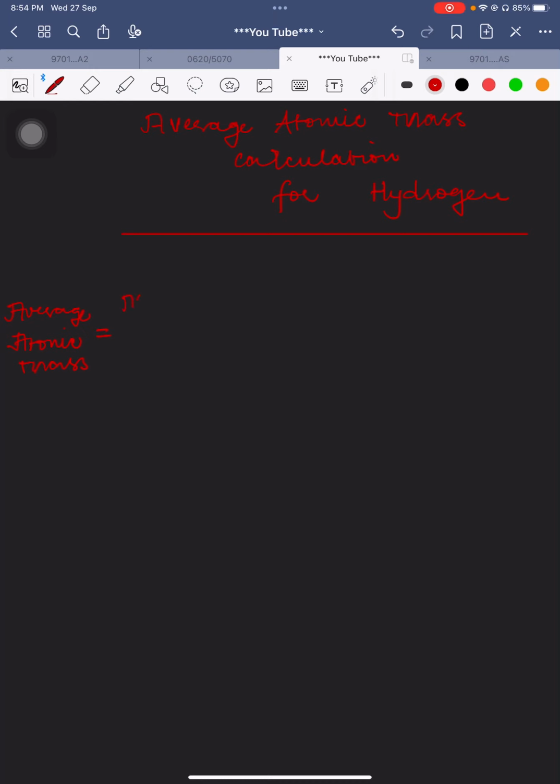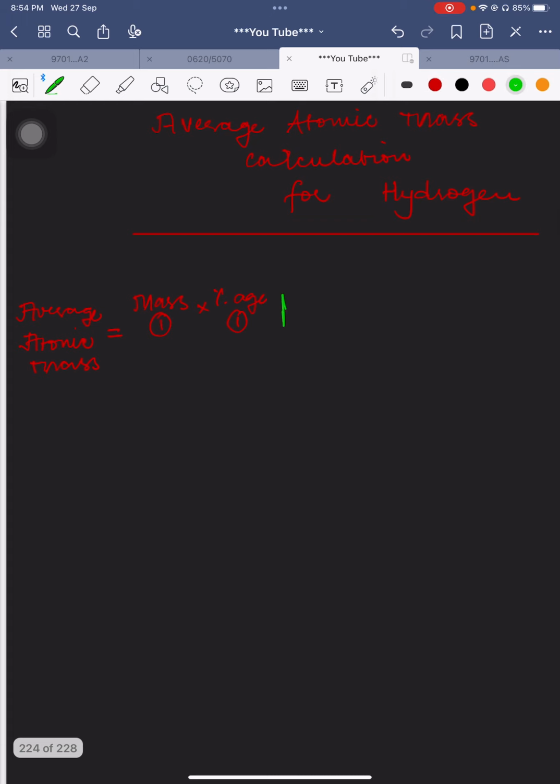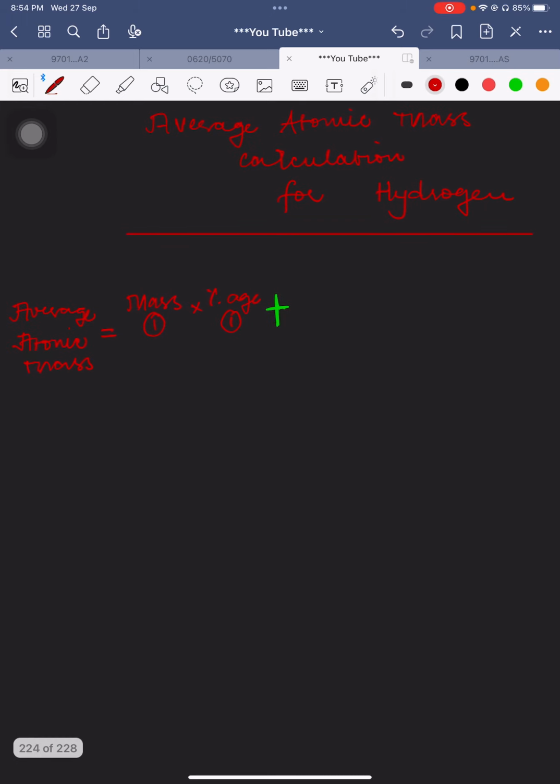Mass of number 1 multiplied by percentage of number 1, plus mass of number 2 multiplied by percentage of number 2, and then plus, as there are 3 isotopes, we are going to take this with the red again, mass of number 3 multiplied by percentage of number 3, divided by 100.